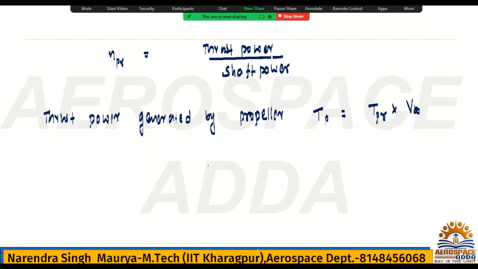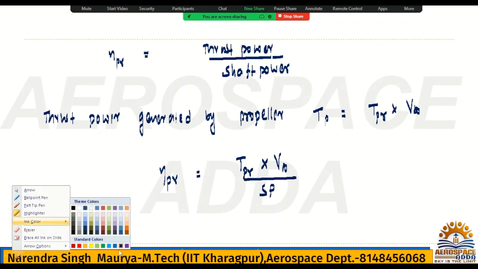And shaft power as usual will be given to you. So eta PR is nothing but T_PR, the thrust produced by the propeller, times v infinity, divided by SP, which is the shaft power. So that value will be given to you.